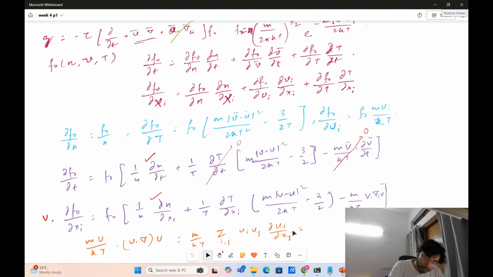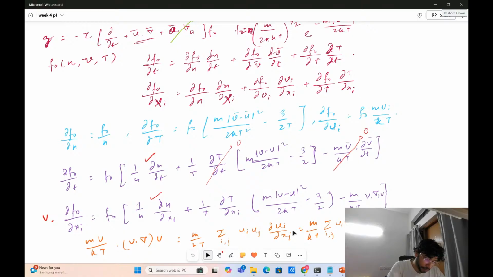Okay, let me write it down. So m by kT summation over ij ui uj can be decomposed as half of del ui del xj plus del uj del xi, plus half of the antisymmetric part.